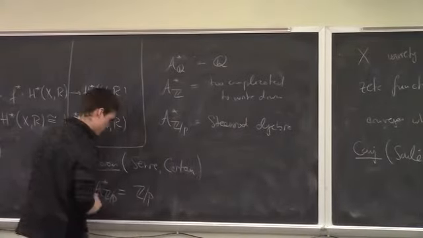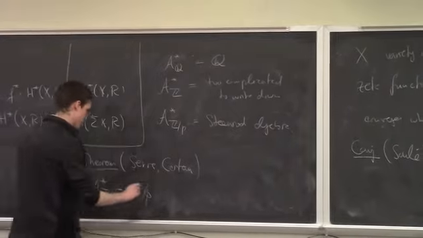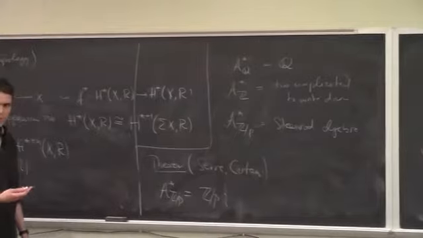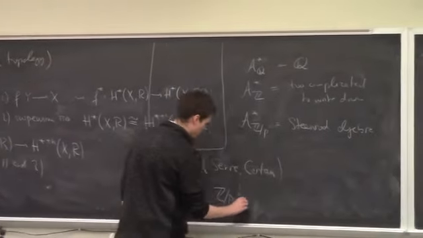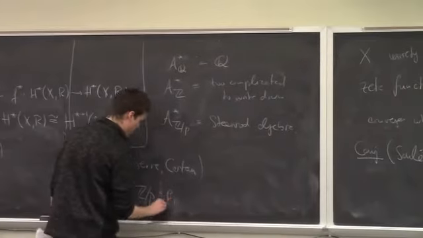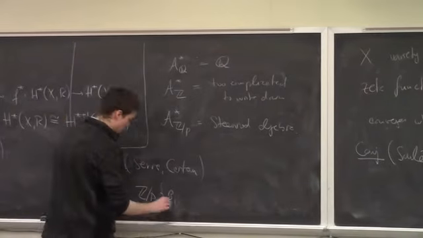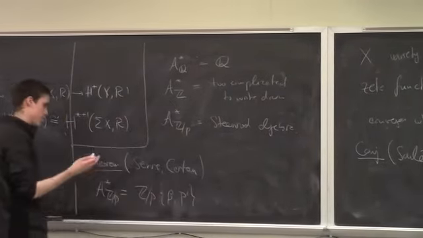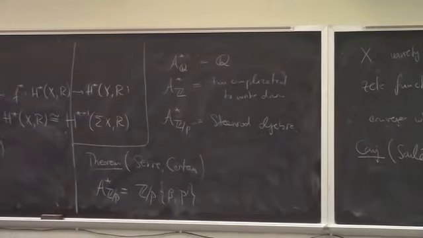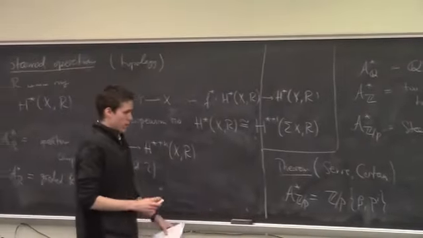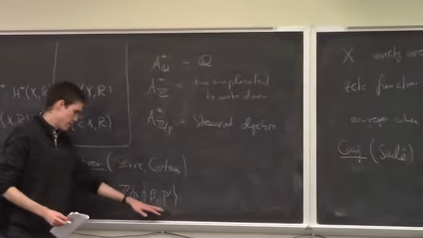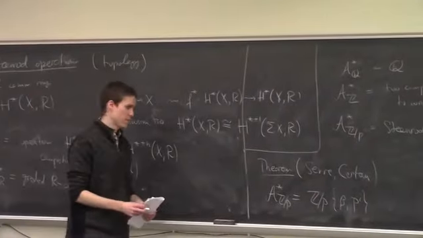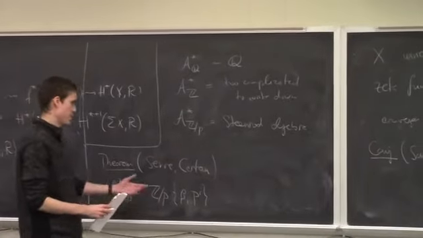So it's generated by some particular operations that you define by hand. One of them is called beta, the Bockstein operation. And then you have operations P^i, which are power operations. The brackets here mean the free non-commutative algebra generated by these. I don't know what the standard notation is.